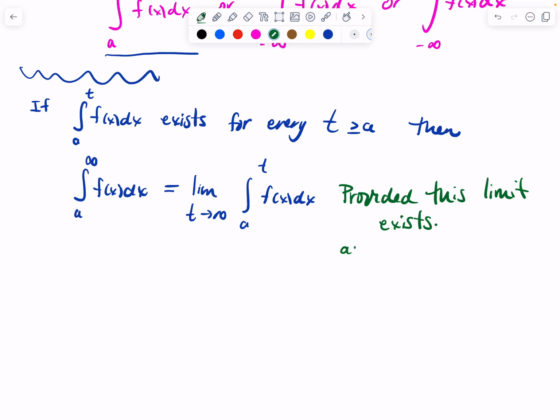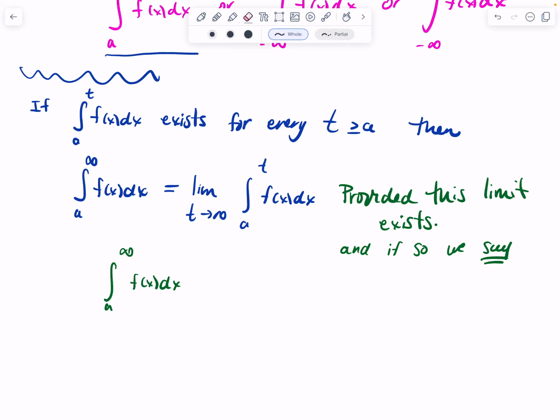And if so, we say that this improper integral converges to that limit.